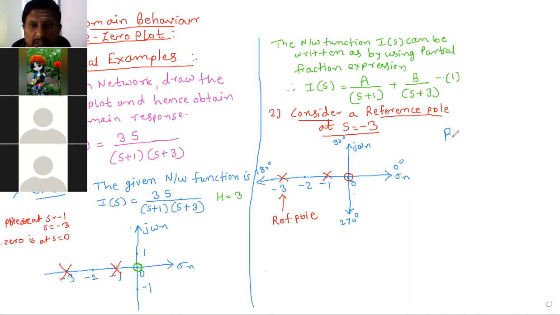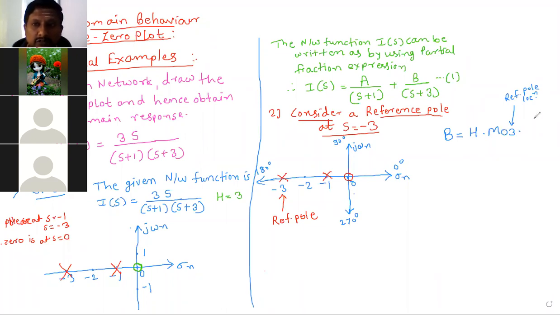So B value we have to find out. B is equal to H into, H is always there. B equal to H into, now 0 to reference pole distance. So only one 0 is there. So M 0 to 3. So this is very important. This must be reference pole location. Okay, H into M 0 to 3.